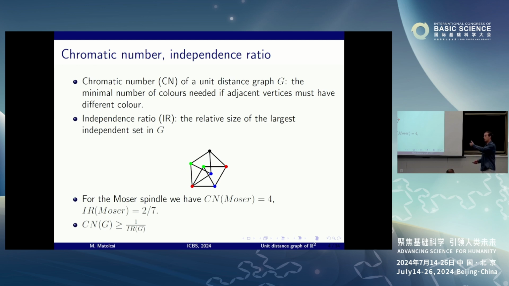So each color class occupies only 2/7. If you have 3 color classes, that's still only 3 times 2, that's 6 over 7. You're still not coloring the full set. So you need a 4th color. This is basically the argument that proves in general that the chromatic number is larger than or equal to 1 over the independence ratio.